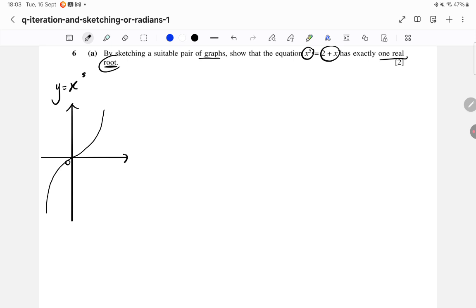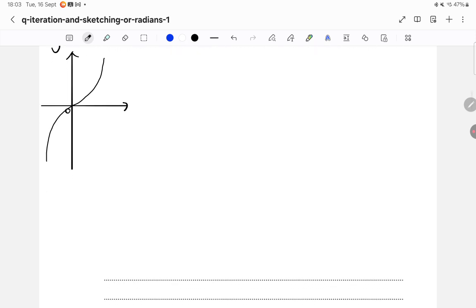Now we're going to draw the 2 plus x graph, or x plus 2, which is easier in the y equal to mx plus c form. So we have a gradient that is 1. Normally when you get straight line graphs, a tip is to find the x and y intercepts.